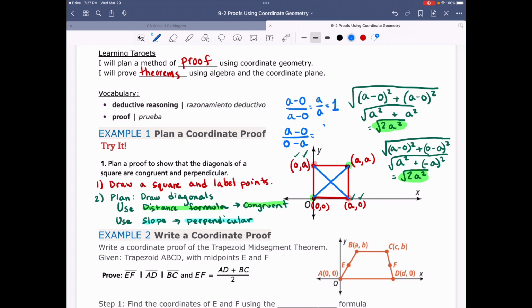So a minus 0 is a, and 0 minus a is negative a, so this equals negative 1. Are these perpendicular? Is 1 the negative reciprocal of negative 1? And yes, it is. So we just proved that the diagonals are congruent and that the slopes are perpendicular of those diagonals. Okay?